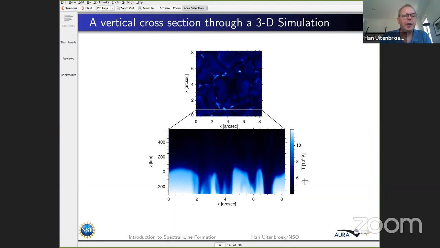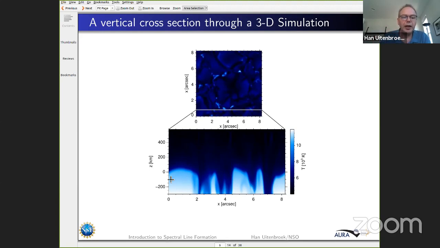One warning: when I say that a certain wavelength comes from a certain height in the atmosphere, this is an approximate statement. This is now an image of the solar granulation. You see the granules, you see the bright grains here that are associated with stronger magnetic field concentrations. And this now is a vertical cross-section through the atmosphere at this position in the image.